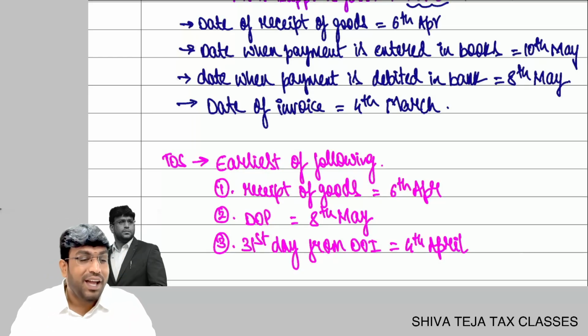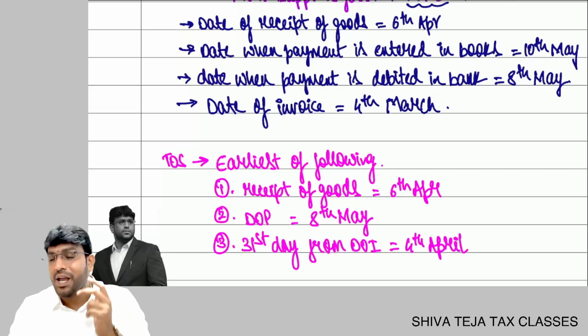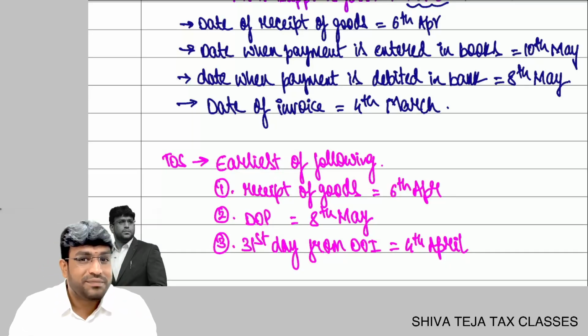So when we use the words date immediately following 30 days from date of invoice, the meaning is the 31st day from date of invoice. Common sense only. It obviously means the 31st day. There is no doubt about it.